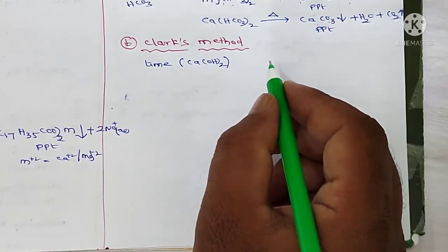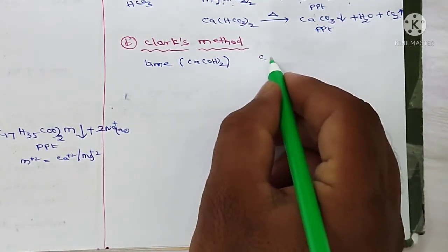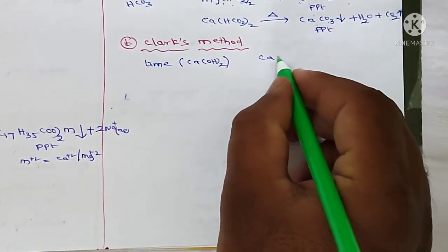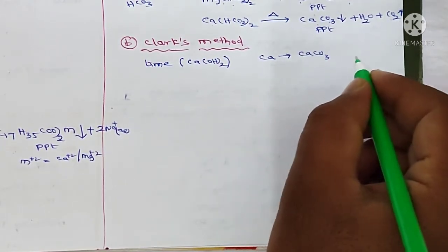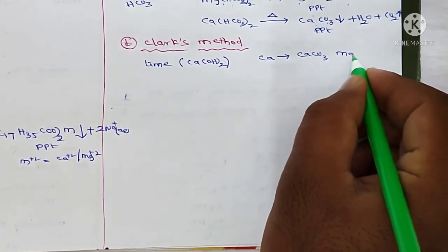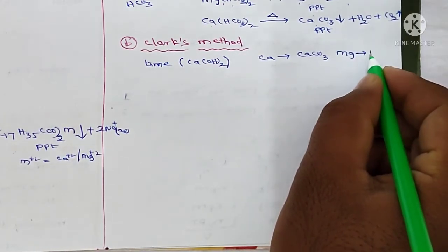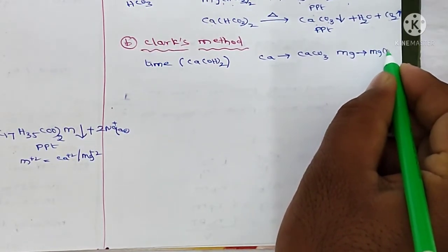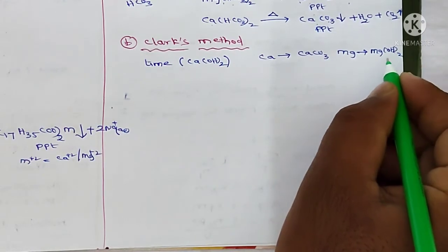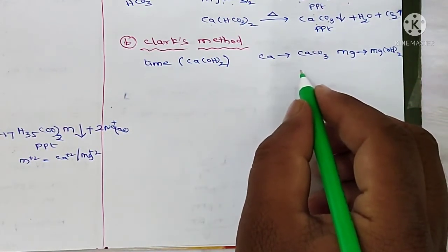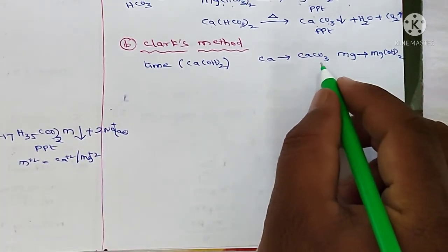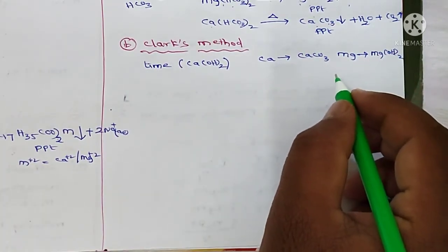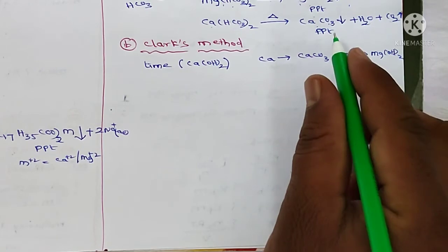Then the calcium is precipitated as calcium carbonate, and magnesium is precipitated as magnesium hydroxide. Then the hard water is converted into soft water, and these precipitates are removed by the filtration as in the previous one.